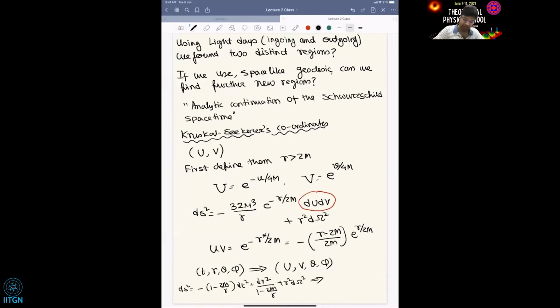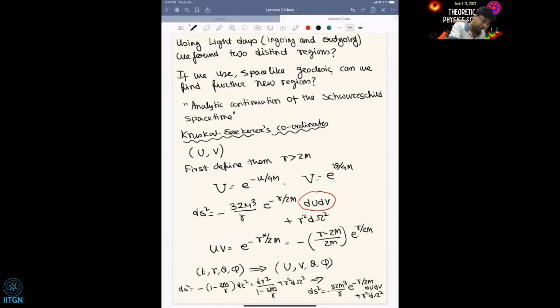Now in Kruskal coordinates, this metric has transformed into ds square equal to minus 32m cube by r e to the minus r by 2m du dv plus r square d omega square. Okay, very well, we have a coordinate system.